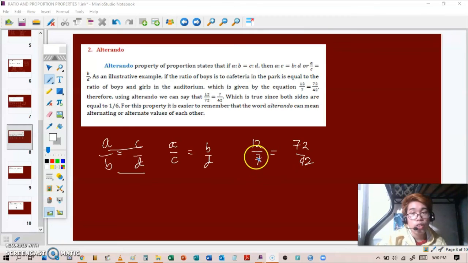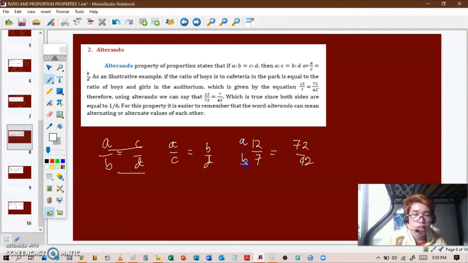So using the Alterando property of proportion, since this is A, this is B, this is C, and this is D, we can write A over C, so 12 over 72, is equal to B over D. So this becomes 7 over 42.